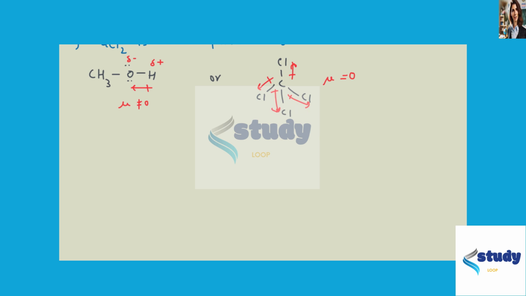Okay, so here we can write that among this CH3OH and this CCl4, this has a dipole moment, this does not have a dipole moment. So this is a polar molecule, this is non-polar. Okay, so CH3OH is polar and this is non-polar.